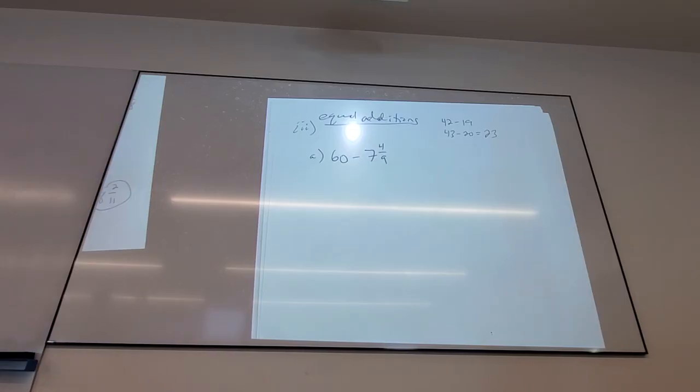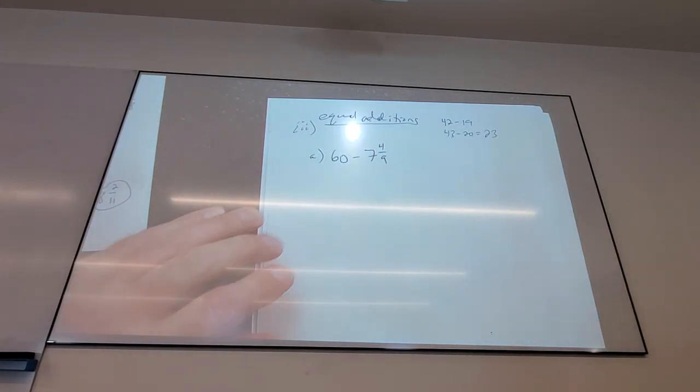The first guy didn't even have a fraction, so it's like, what do I have to add to 7 4/9 to make it become 8? What does 4/9 need to make it become 1? 5/9, yes.